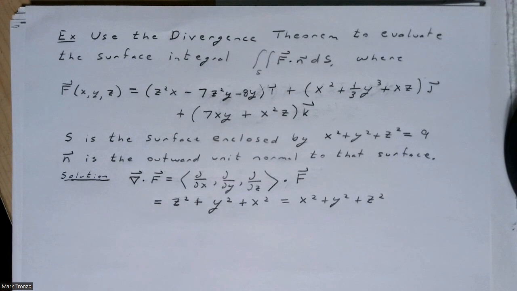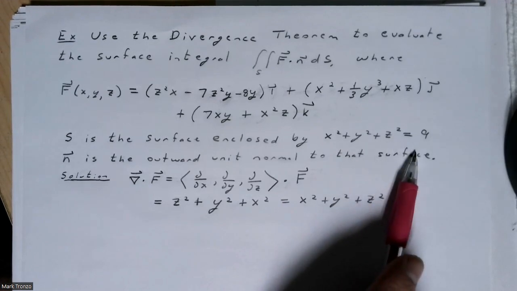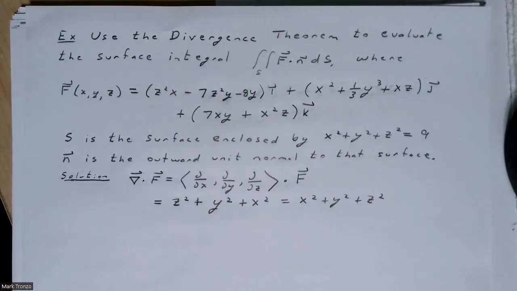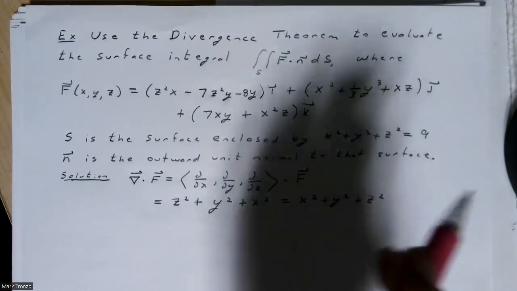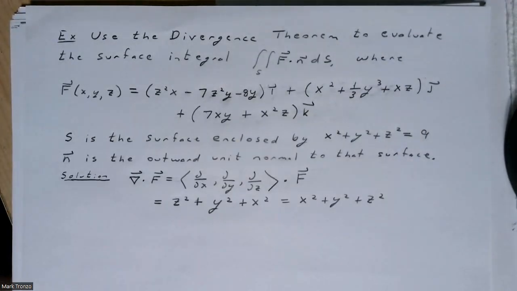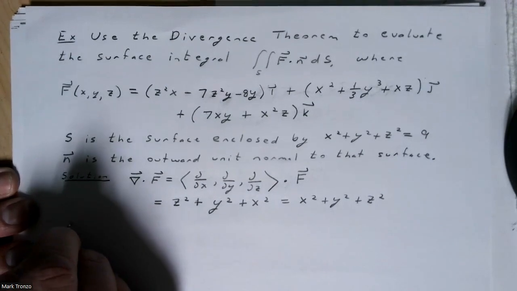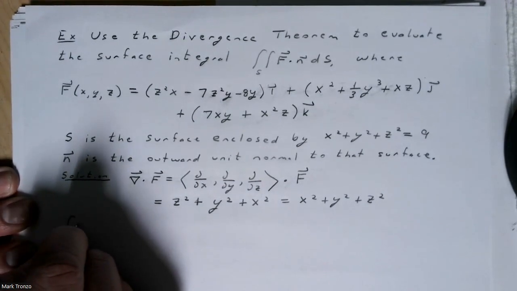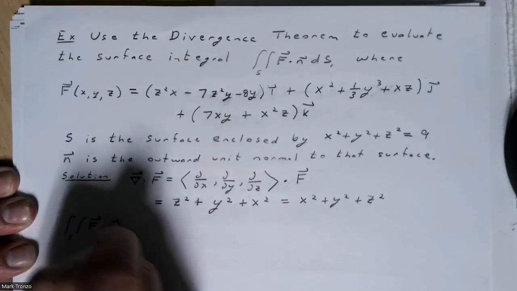And so the other thing to keep in mind, again, this is the sphere of radius 3. So you could think of this as being the same as 3 squared. So we have a sphere of radius 3. So again, let's apply our theorem. And let me just write this again, just to help remind ourselves what we're doing here.